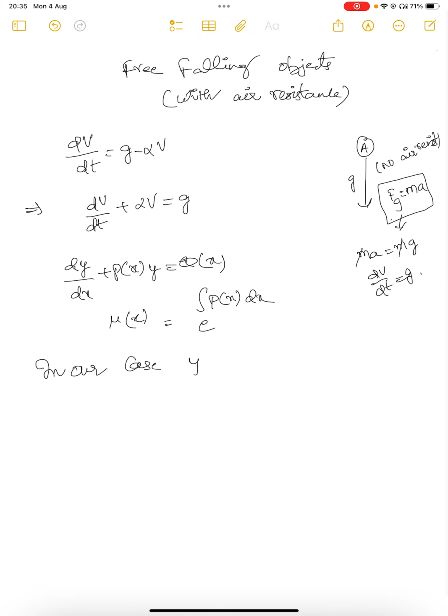In our case, y is v, x is t, alpha is p of x, and g is q of x. Then the integrating factor is e power integral of alpha dt.